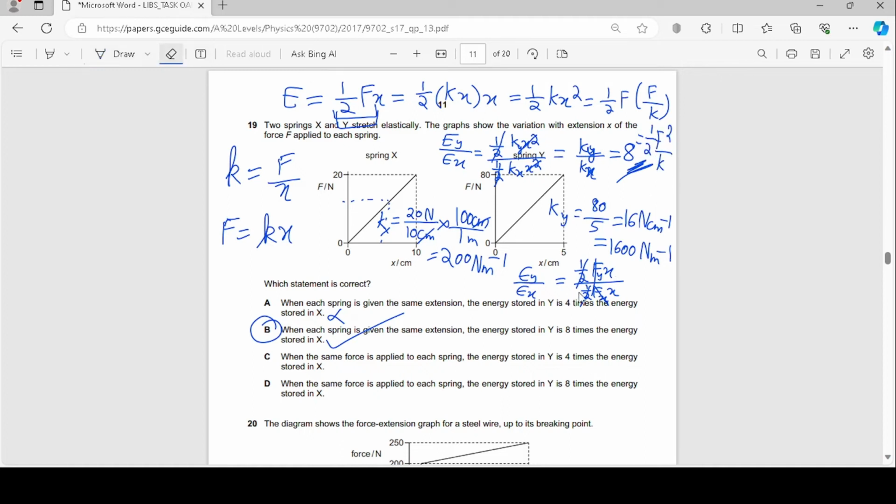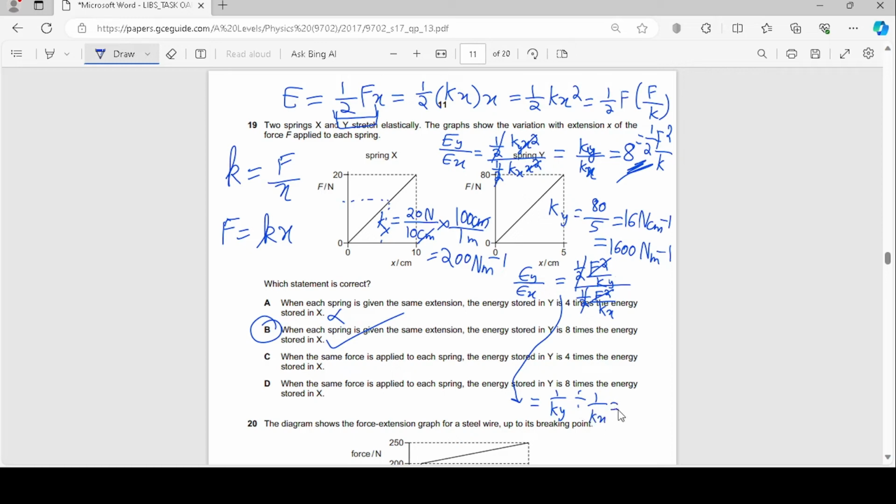If I substitute this over here, I get half F squared over ky divided by half F squared over kx. So half gets divided, F squared gets divided. Let me write it over here. I get 1 over ky divided by 1 over kx.